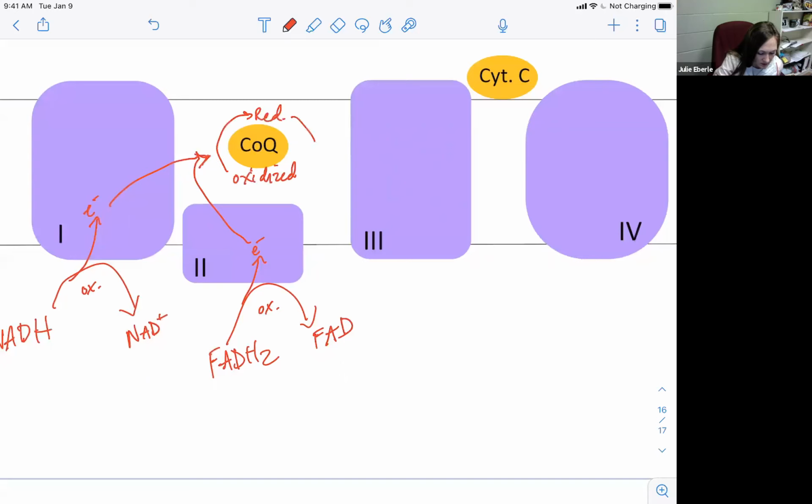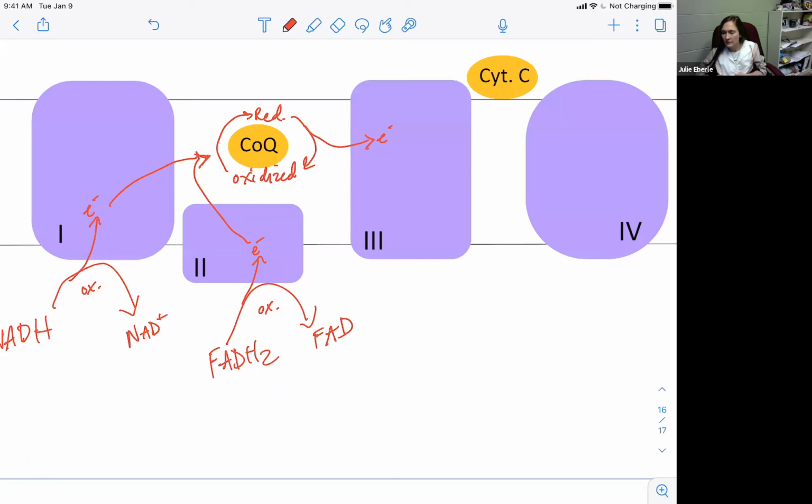And then it just cycles back, and as it cycles back to its oxidized form, it passes the electrons to complex 3. Remember, the gain of electrons is reduction. The giving away or losing of electrons is oxidation, OIL RIG, if that helps you.